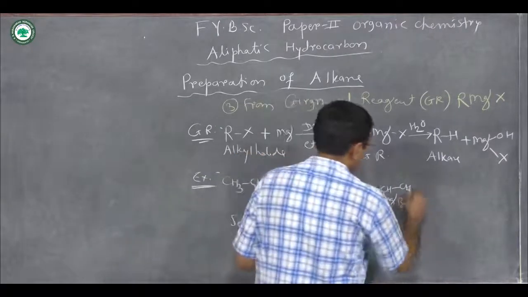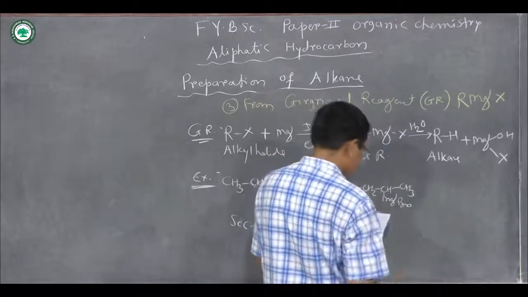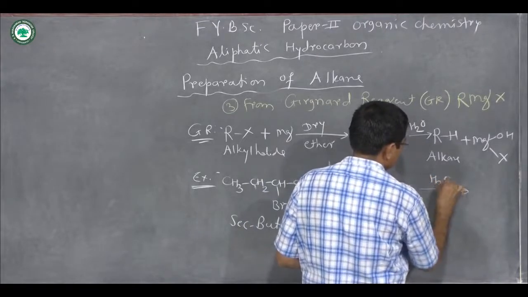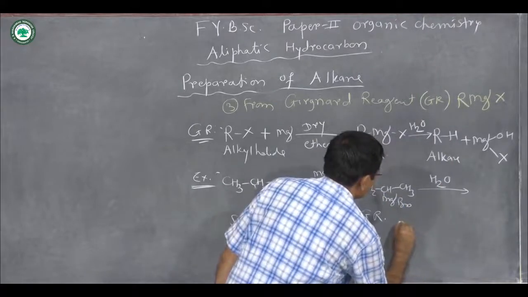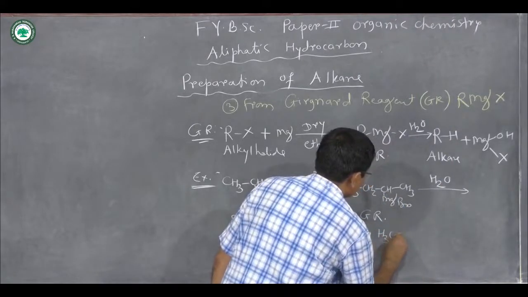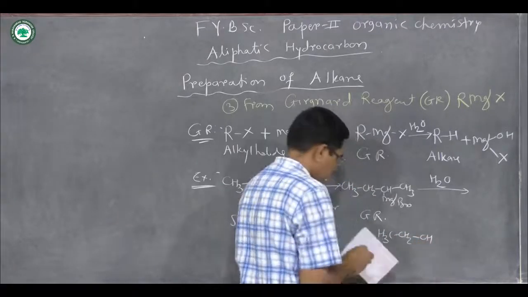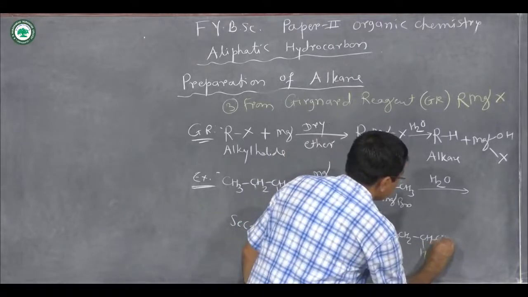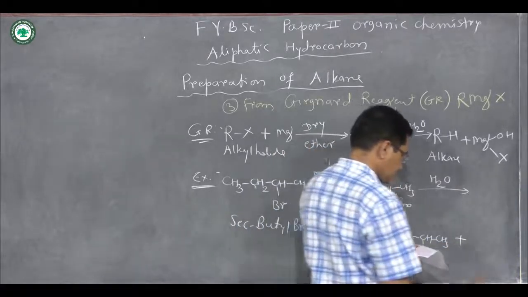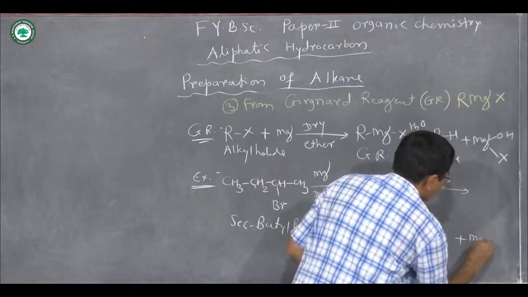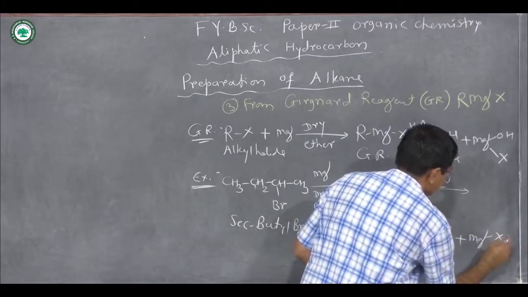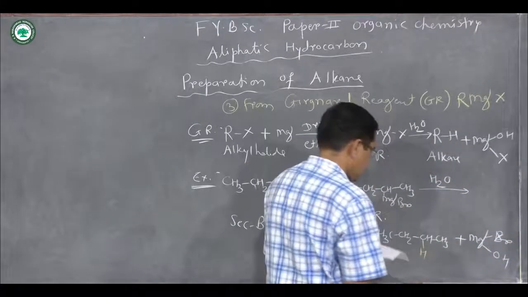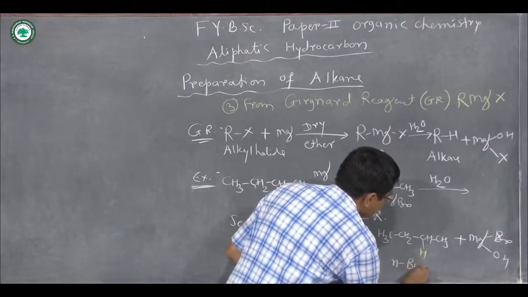This is Grignard reagent, and when hydrolysis takes place, new hydrogen comes from water, plus Mg, Br and OH, and this is n-butane.